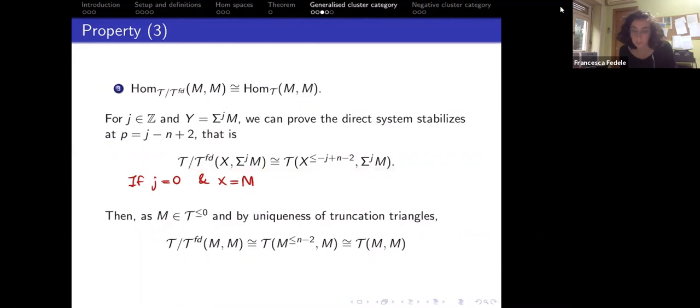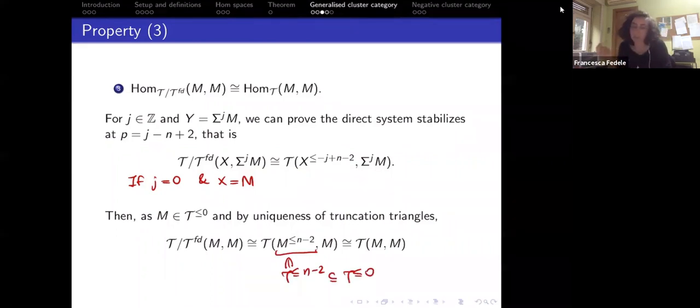And then we also have that this M less than or equal to n minus 2 is inside T less than or equal to n minus 2. And we can prove that this is inside T less than or equal to 0.